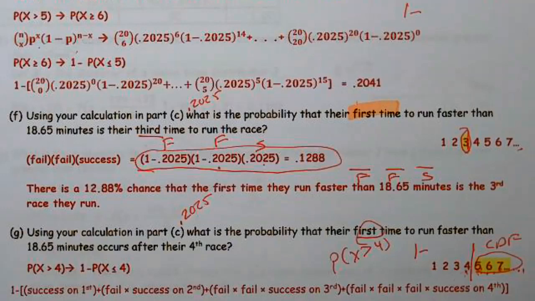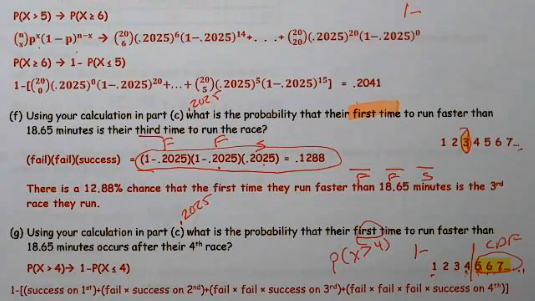Well, that means probability of success on the second, which means a fail on the first, and then probability of a fail, then success for the third, etc., which means on the fourth, I have a fail for the first, a fail for the second, a fail for the third, and then a success on the fourth.